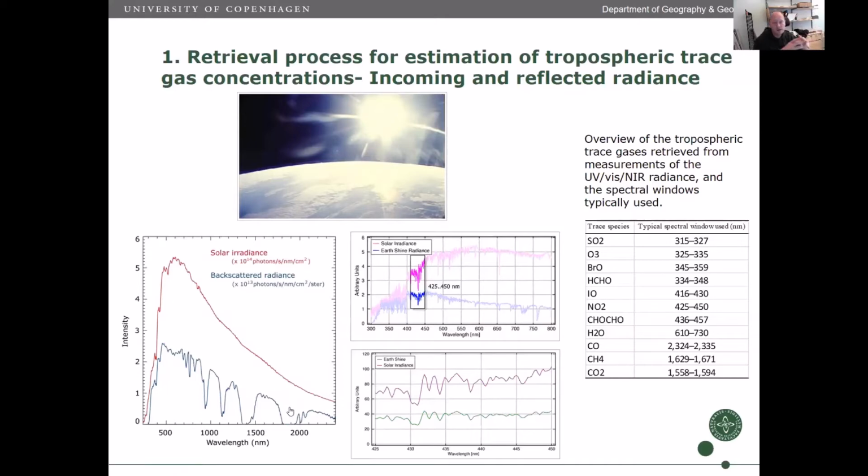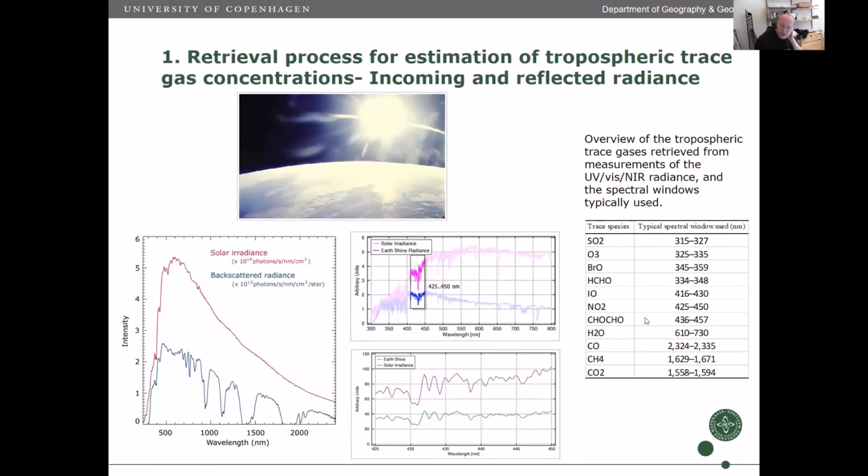So thereby we can use this information on the reflected radiance on things that are occurring on the Earth's surface. In a laboratory, it has been shown that, for example, if you are interested in studying sulfur dioxide, you can study the wavelengths between 315 and 327 nanometers, because sulfur dioxide is absorbing a lot of the radiation in these wavelengths.